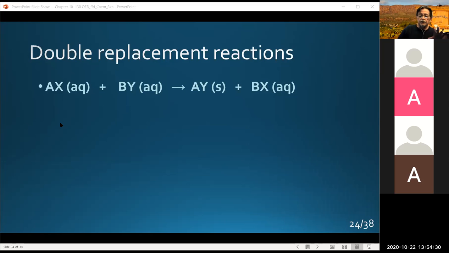notice here we have AX, which again is an ionic compound. X could be a single anion, or it could be a polyatomic anion. You start off with AX and BY. In both cases, notice the physical state is aqueous. Both reactants are soluble, hence AQ.